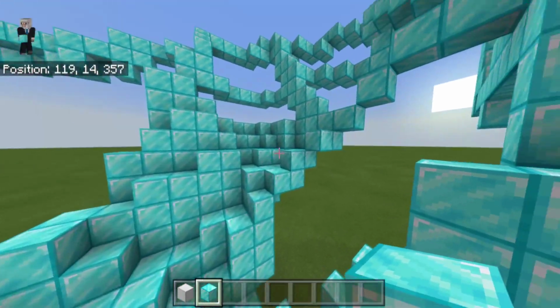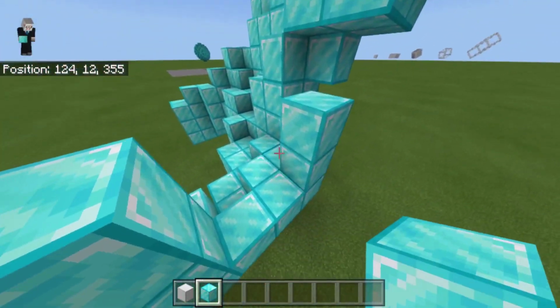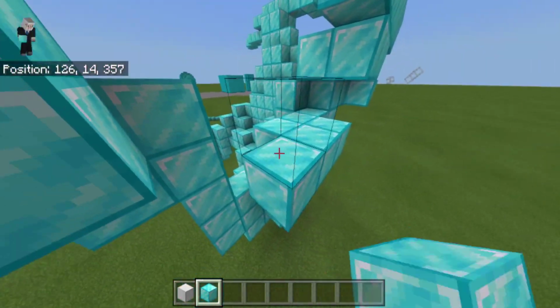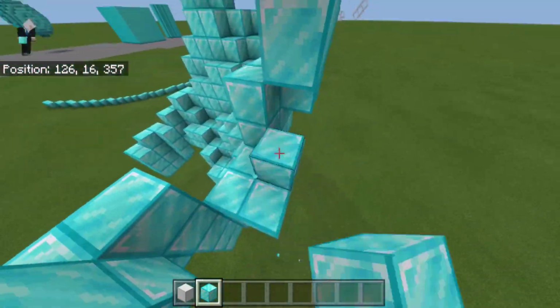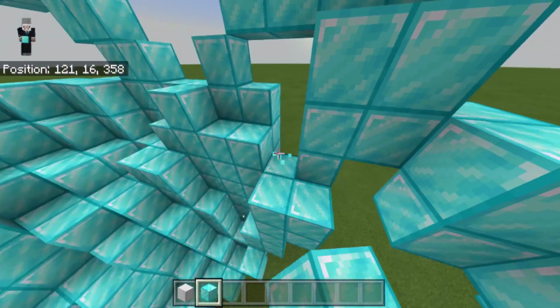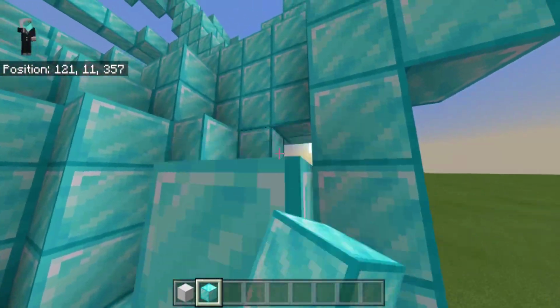So we have this line right here that I made. So whenever I fill this section in over here, which I want to try hurrying up and spamming it a little bit, smooth it out. And here we go. That's a little bit better.